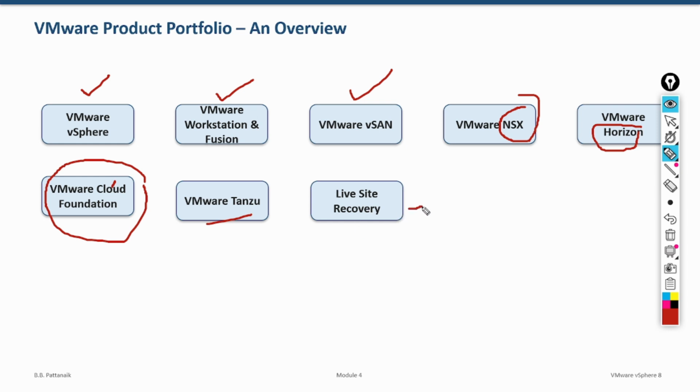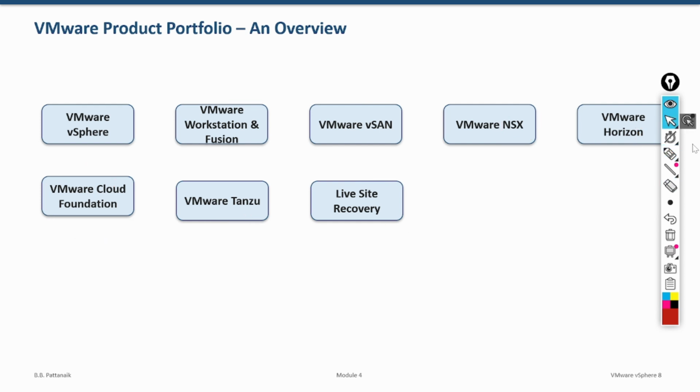It was before known as SRM, Site Recovery Manager. Now its name has changed to Live Site Recovery. So vSphere is the most popular virtualization platform with the ESXi hypervisor and vCenter Server.